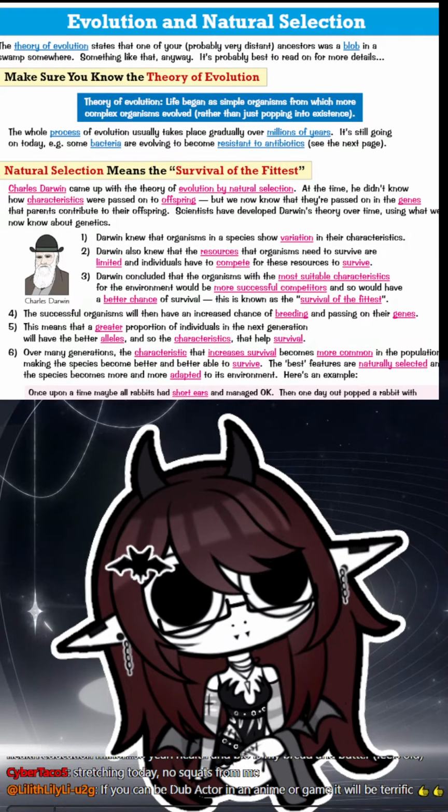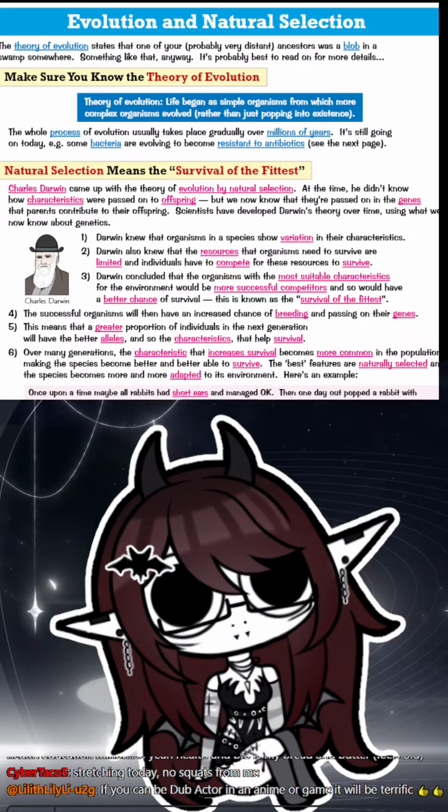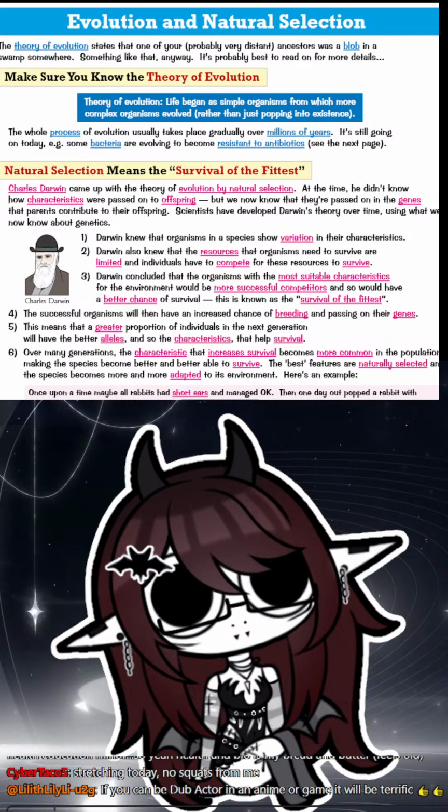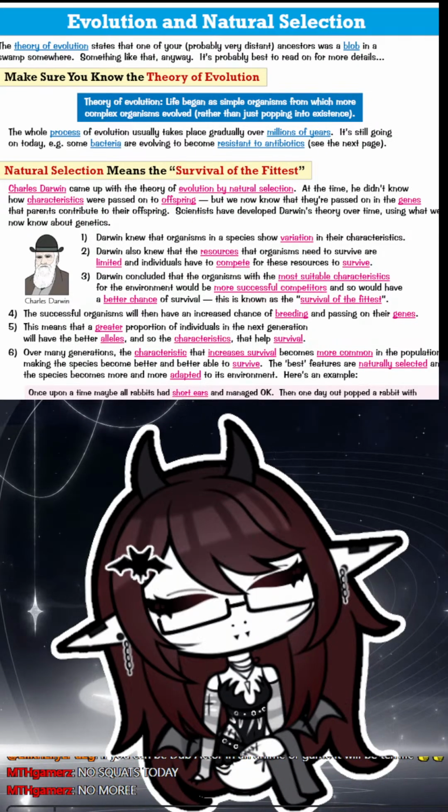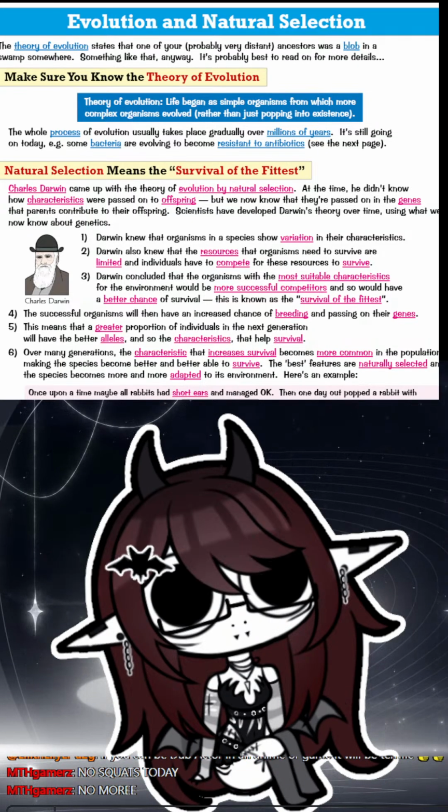I couldn't sleep last night because my legs were hurting. Wait, let me stretch. Stretch up. Stretch to the side. And stretch to the other side. Oh, Lila says, if you can be a dub actor in anime or game, would be terrific. Yeah, I've tried to audition for lots of voice acting gigs, but I never got chosen, unfortunately.